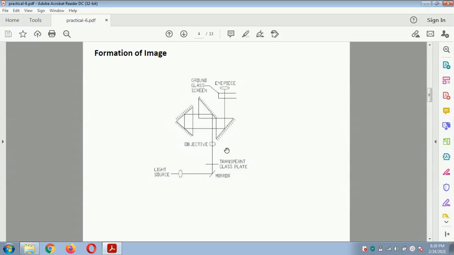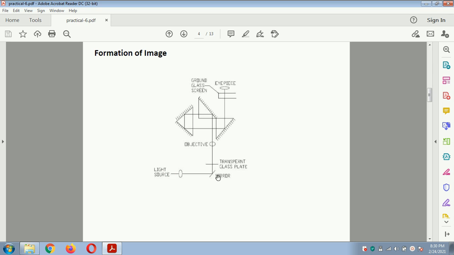So this is the formation of the image, in which the light source is reflected on this plate. The light can be reflected again, and this can be reflected with the mirror, and through the mirror it can be reflected to the light source.